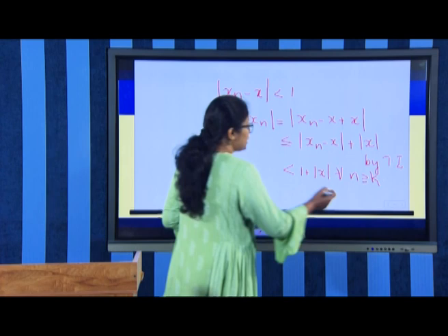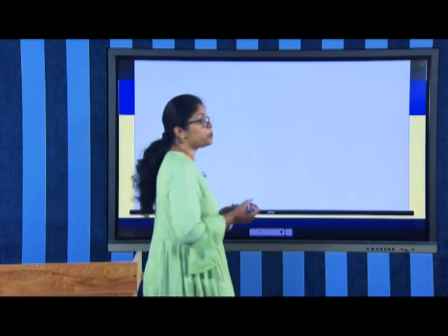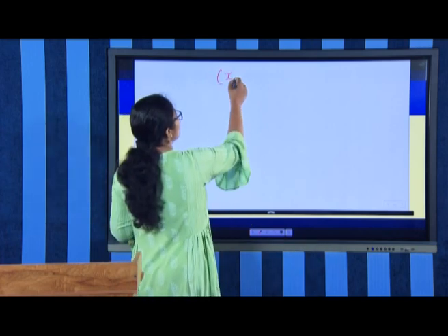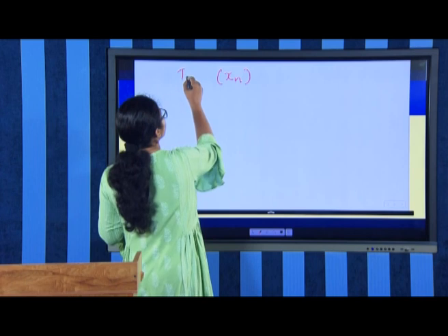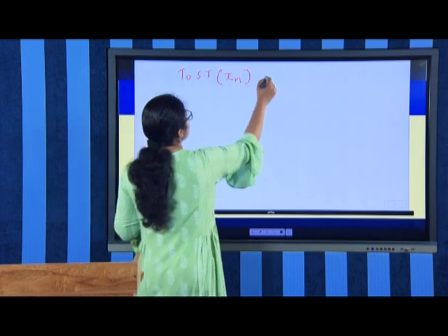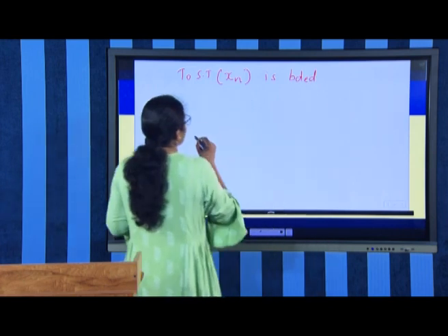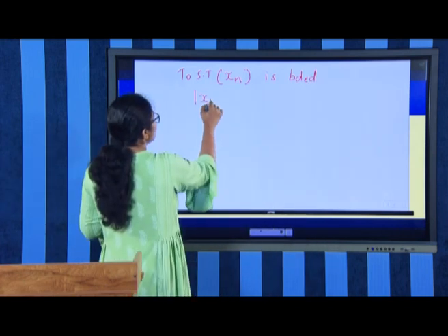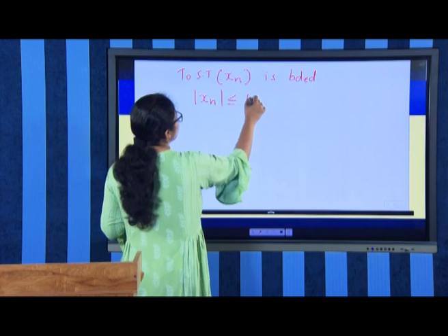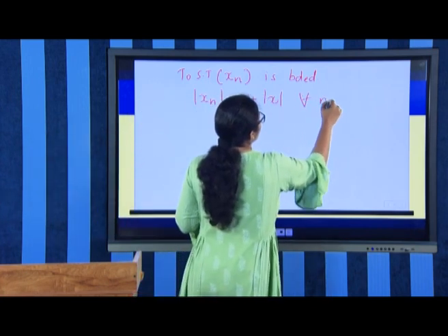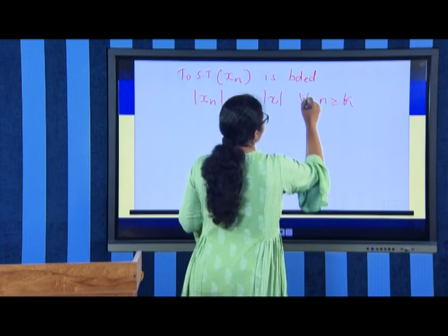So, what is our intention? Our intention is to prove that a convergent sequence is bounded. So, we have the sequence xn to be convergent, and we want to show that the sequence xn is bounded. This is our ultimate aim. Now, we have the result modulus of xn is less than or equal to 1 plus mod x for every n greater than or equal to k.